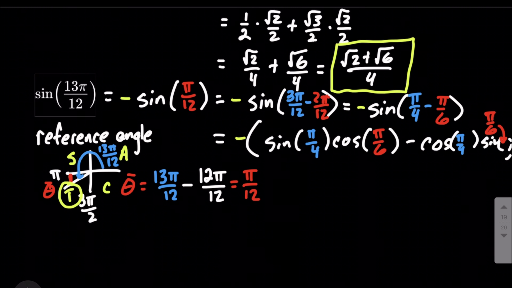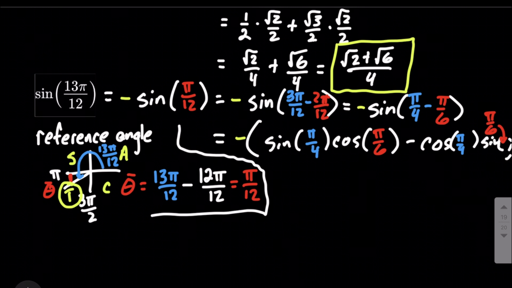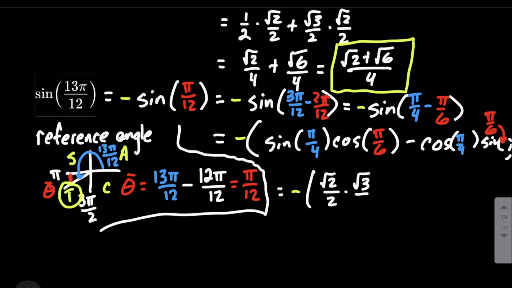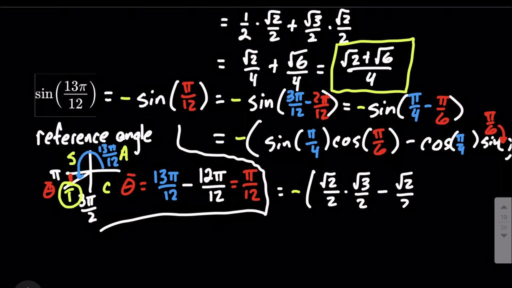All right, from here, it's mostly a matter of filling in. Take away my work for reference angles here. The filling in shouldn't be too bad. We'll have the negative out in front, big set of parentheses. Sine of pi over 4 is square root of 2 over 2, multiplied by cosine of pi over 6, square root of 3 over 2, minus cosine of pi over 4, square root of 2 over 2, and then sine of pi over 6, I know it's written poorly over there on the right-hand side, is 1/2.